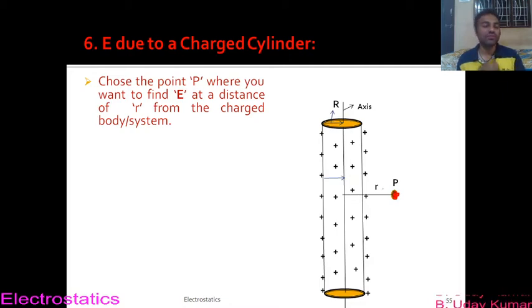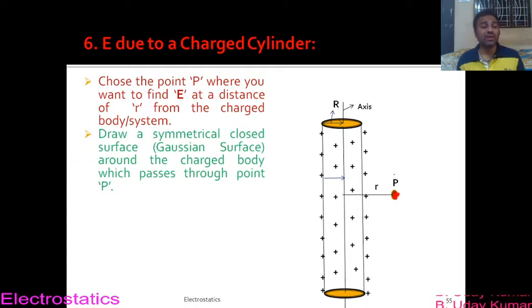Now we have chosen the point P. Our next step is that you have to draw a symmetrical closed surface, which we call a Gaussian surface, in such a way that it passes through point P. Point P is chosen; the next step is to draw a Gaussian surface which is symmetrical, closed, and passes through point P. In this case the symmetrical Gaussian surface is going to be a cylinder again.